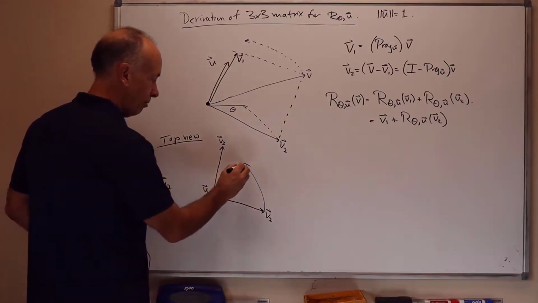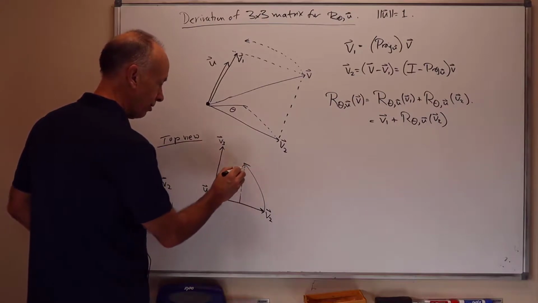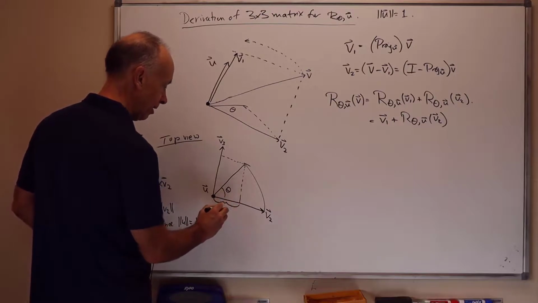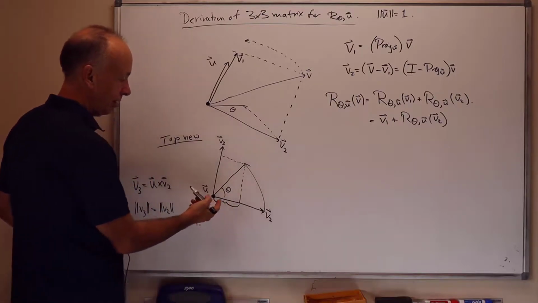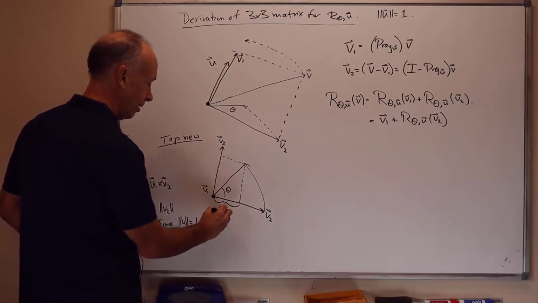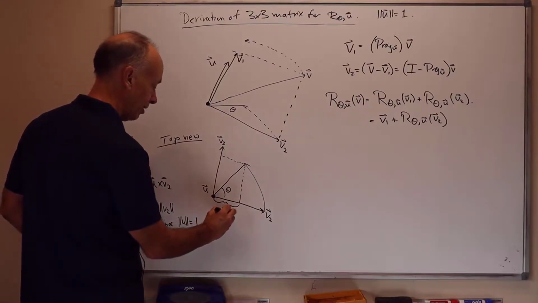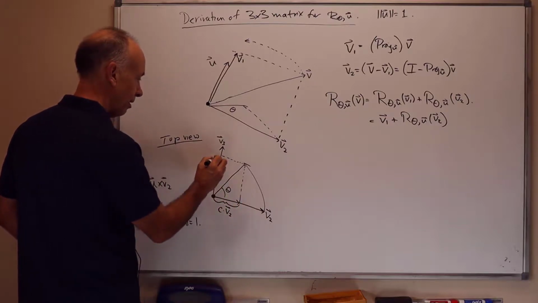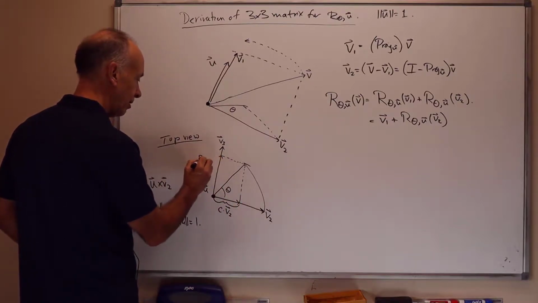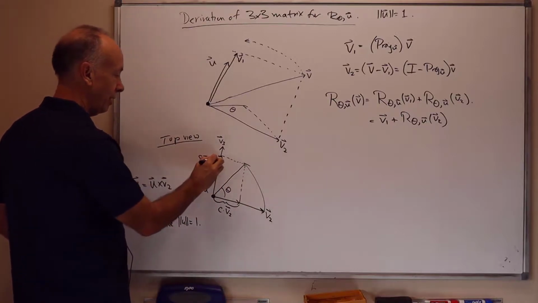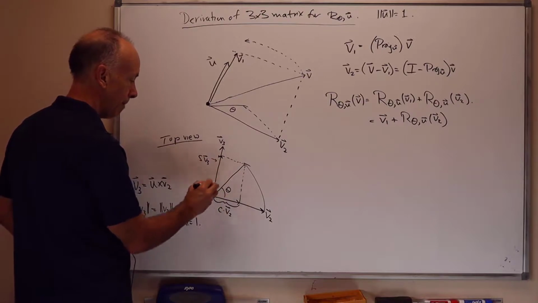And we want to know, if we drop the perpendiculars to do these two things here, this length is going to be cosine of theta times the length of v2. So it's literally c times v2 that vector. And this vector here is going to be s times v3. The sine of the angle times v3 will give us this vector here.